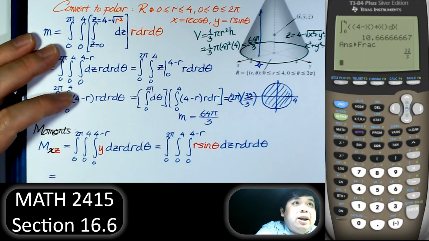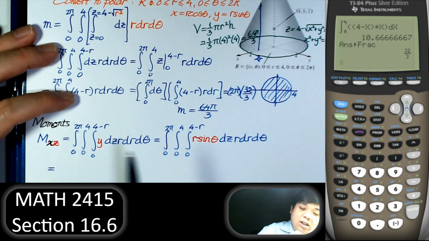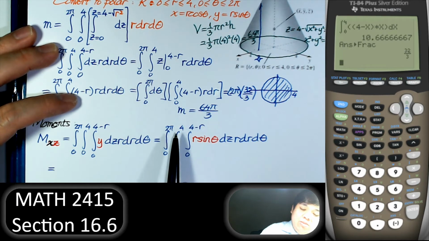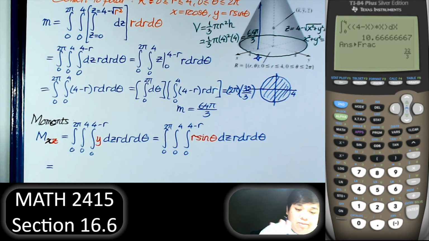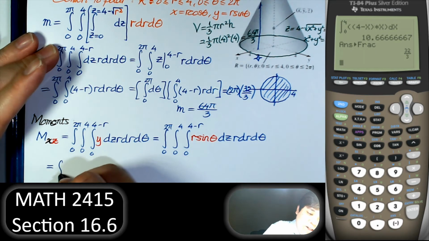Right. Now, I did mention that this should be 0, right? So how do I know that?